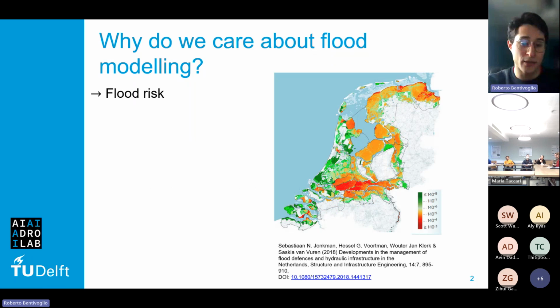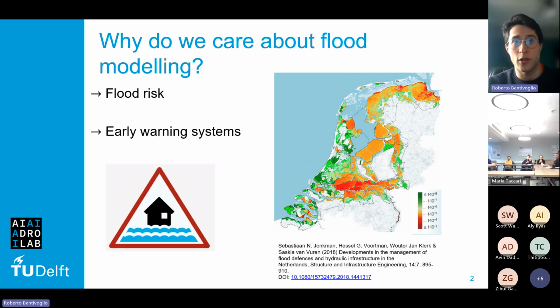What we care about is to determine which areas are affected or could be affected by this particular danger, in this case, floods. We care about which lives are at risk, which economic assets are at risk, and then we can develop some mitigation and prevention strategies to decrease this risk. That's one main application for flood modeling.